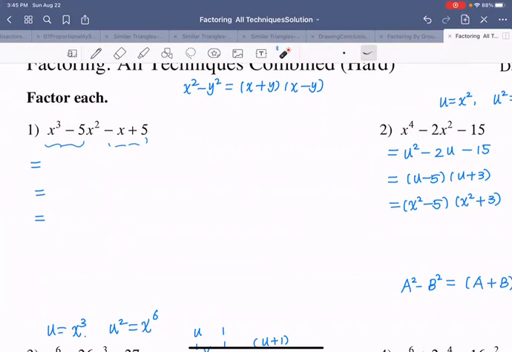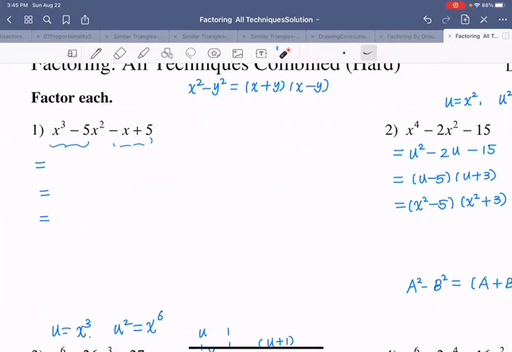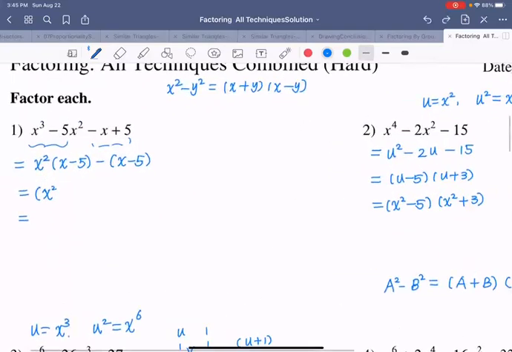Go ahead, please. x squared times (x minus 5), and then minus (x minus 5), equals parentheses x squared minus 1, and then times parentheses x minus 5.